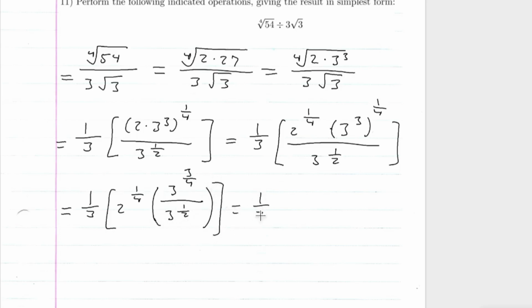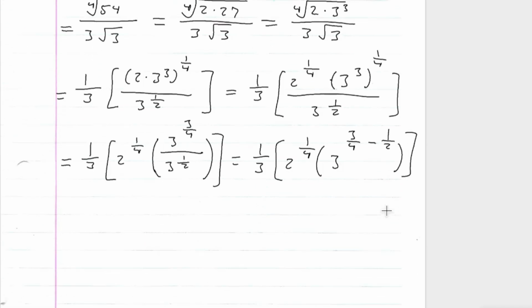So this will be 1/3 times 2 to the 1/4. And now we have the same base. So when we have the same base, we can subtract exponents. So this is the same thing as 3 to the 3/4 minus 1/2. All right.